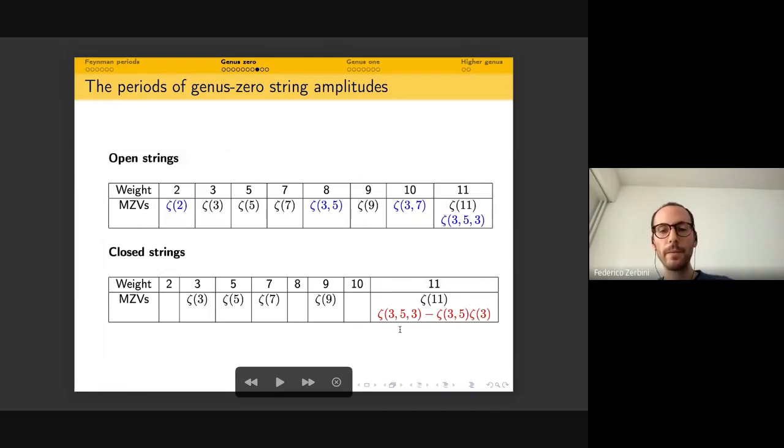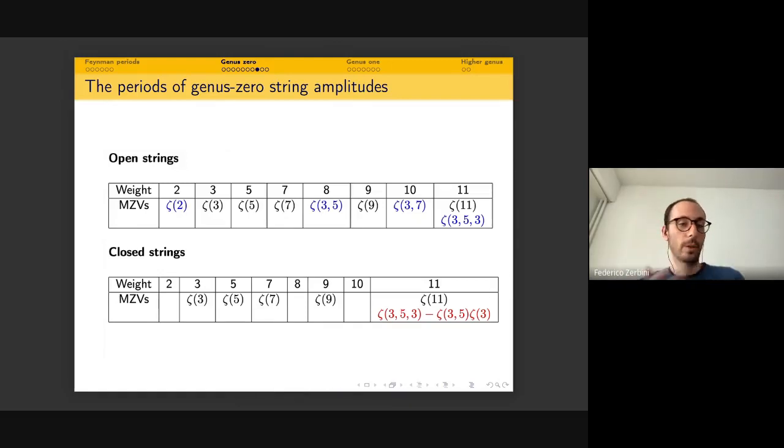And you start getting something new in weight 11, and this is precisely this linear combination of these two irreducible multiple zeta values. In fact, things went the other way around. Physicists found these numbers, and as mathematicians, how do you explain these numbers? And then Francis Brown came out with this theory of single-valued multiple zeta values, which explains the numbers you find in closed string amplitudes.